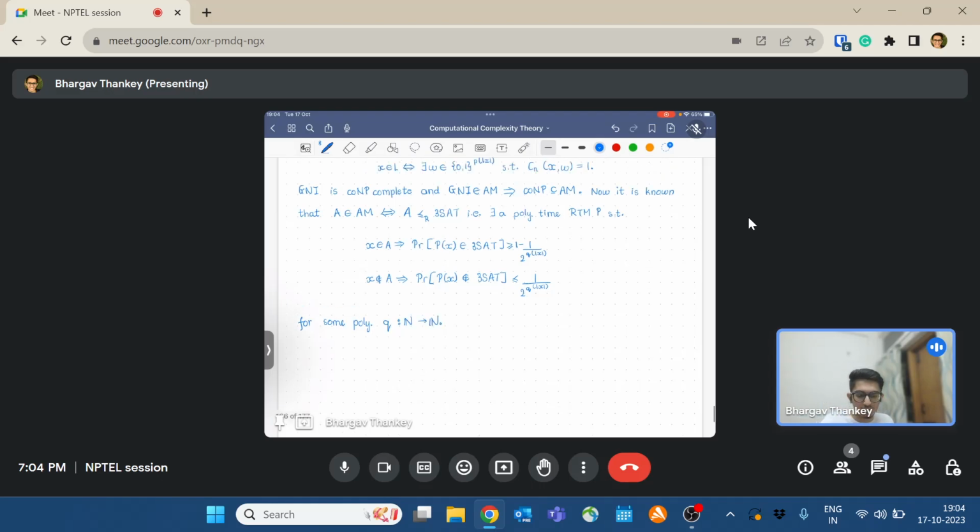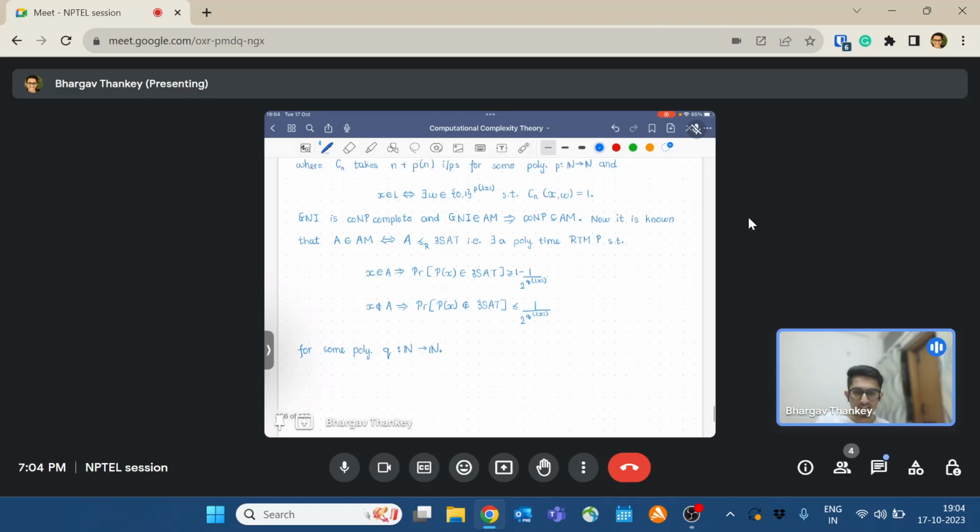This is not too difficult to prove, so I'll skip it. Almost from the definition of AM, you can see that this is true if I were to replace these by 2/3 and 1/3, and then all you have to do is boost it. So I won't prove this, but it is not too difficult to show.